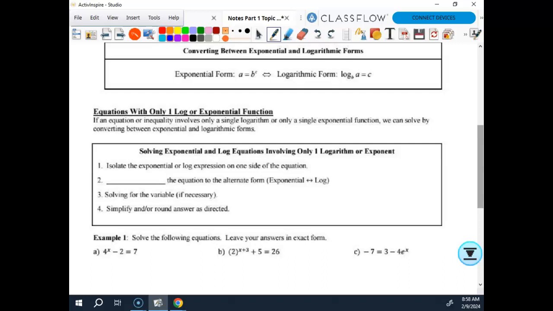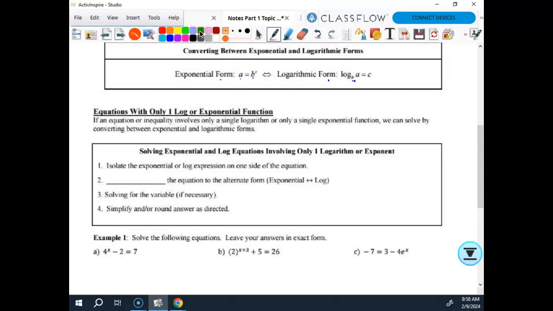So if I'm going from this form to this form, I'm just rewriting it, not finding the inverse because we didn't switch anything, right? And so I know that the base of the exponential becomes the base of the log, and vice versa, the base of the log becomes the base of the exponential. And you go around in a little circle, either way you look at it.